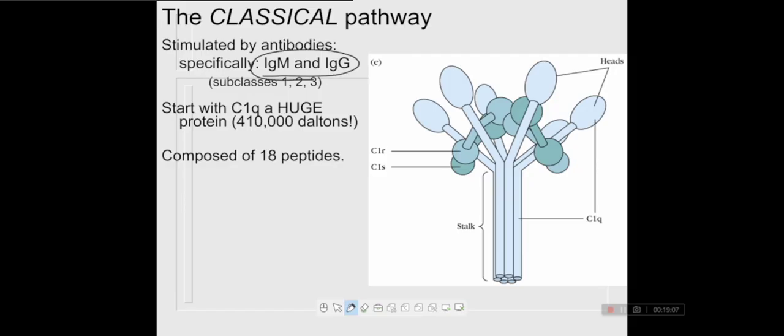Remember that: the classical pathway is stimulated by antibody, especially IgM and IgG. It starts with C1q, a huge protein, 4,10,000 Dalton, composed of 18 peptides.